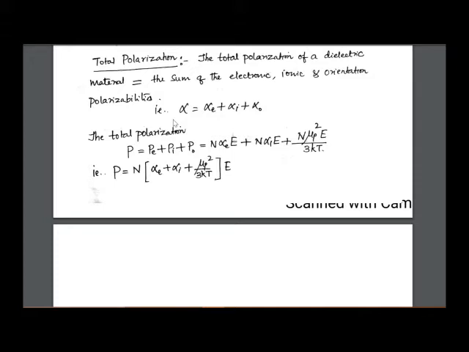That is, P is equal to N times, within brackets, alpha I plus alpha E plus mu P squared divided by 3kT, into E, where mu P is the dipole moment of the protons, k is Boltzmann's constant, T is the absolute temperature, and you know the rest of the terms in the above equation.